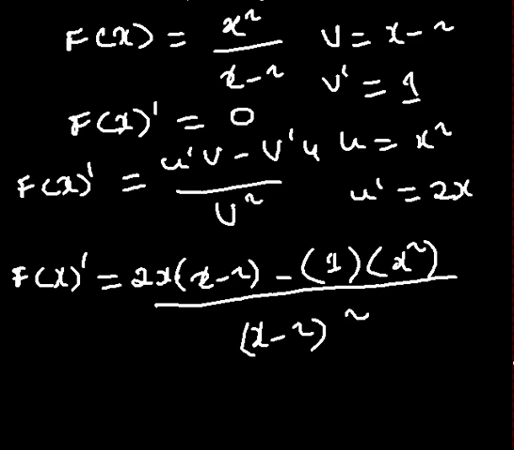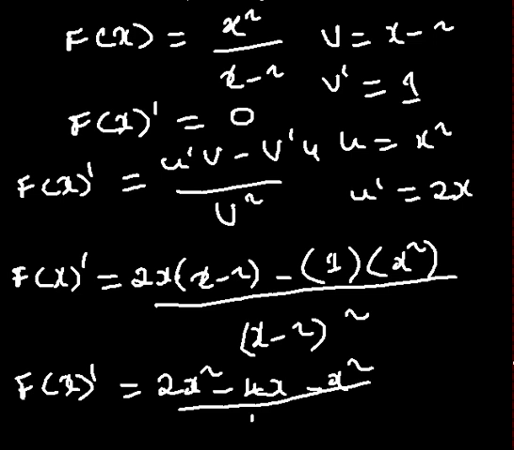By the way, we should have power 2 here. And therefore f prime of x is equal to 2x squared minus 4x minus x squared, divided by (x minus 2) squared. And that's how we have it.